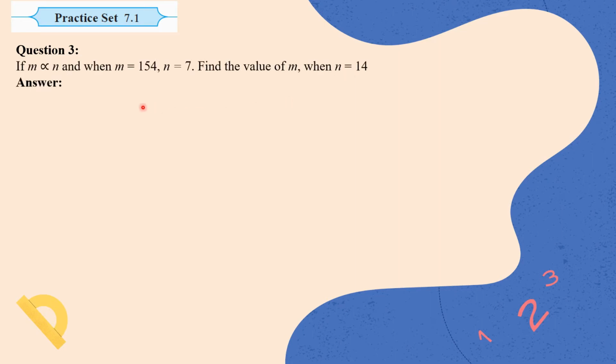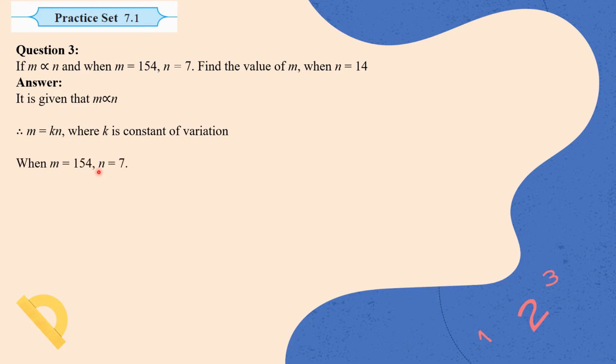It is given that m is in direct variation with n. So if we write this in the form of an equation, it becomes m is equal to kn, where k is the constant of variation. Now in the question it is said m is 154 and n is equal to 7. We'll use these values to find out the value of k.